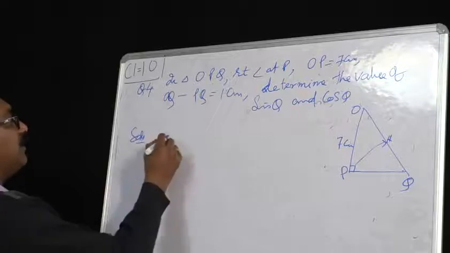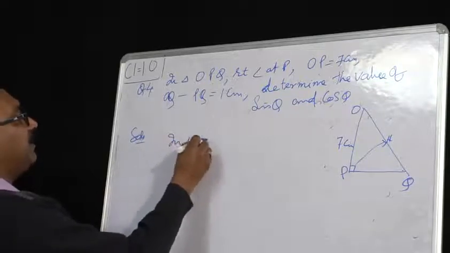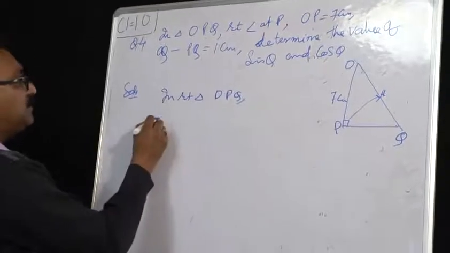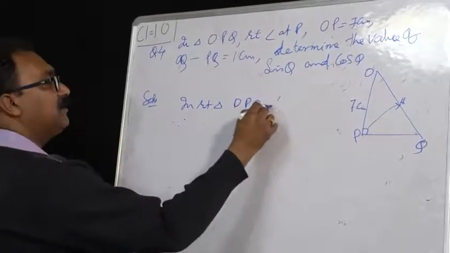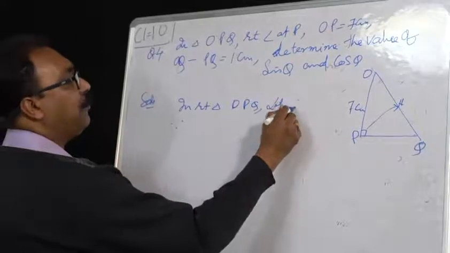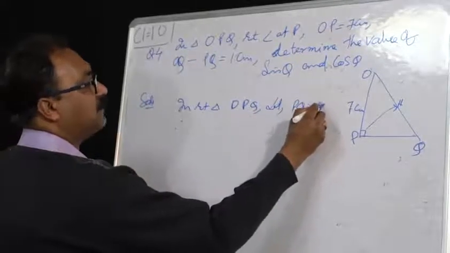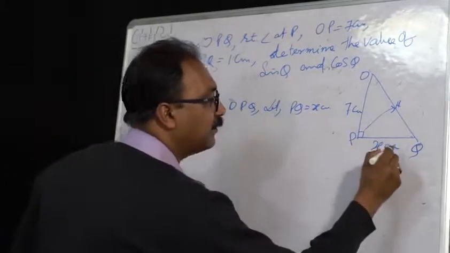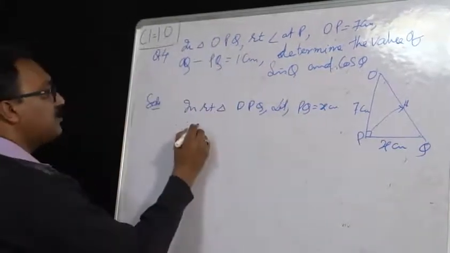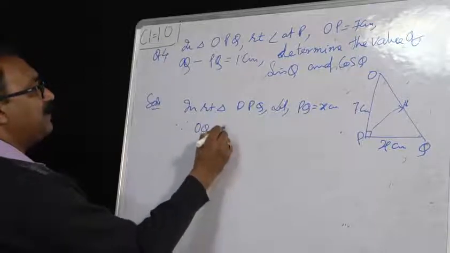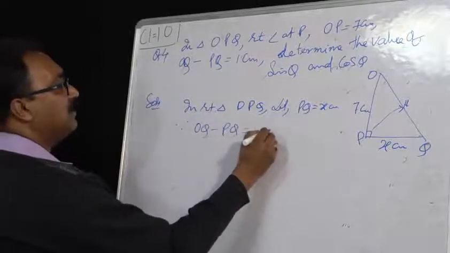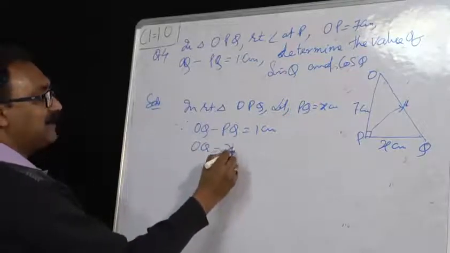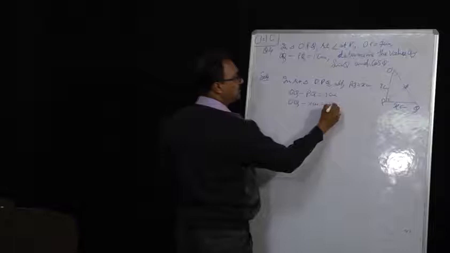Okay. So we can write here in right triangle OPQ, let PQ equal to X centimeter. This we consider X centimeter. Clear? Then since OQ minus PQ equals 1 centimeter, we put this value here. OQ minus X centimeter is equal to 1 centimeter.